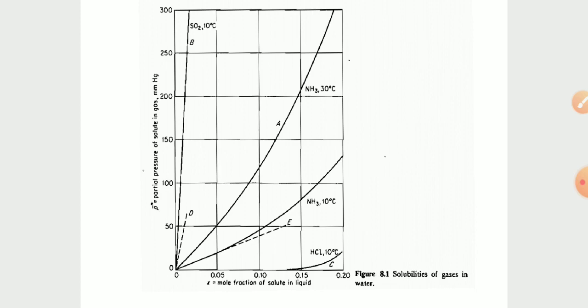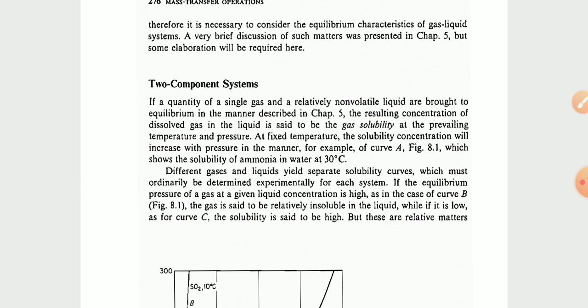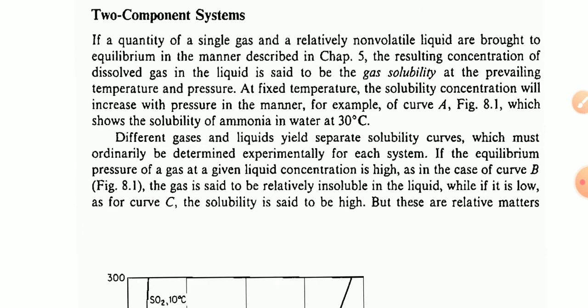And then the solubility of gases in figure 8.1. If a quantity of a single gas and a relatively non-volatile liquid are brought to equilibrium in the manner described in this chapter, the resulting concentration of the dissolved gas in the liquid is said to be the gas solubility at the prevailing temperature and pressure.